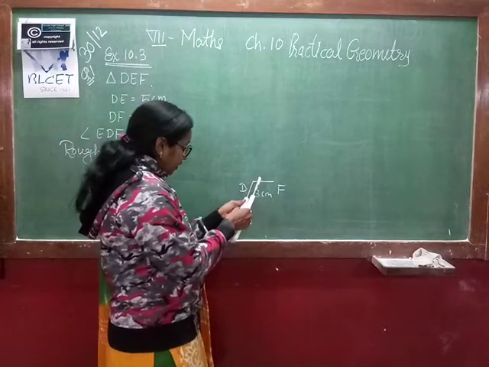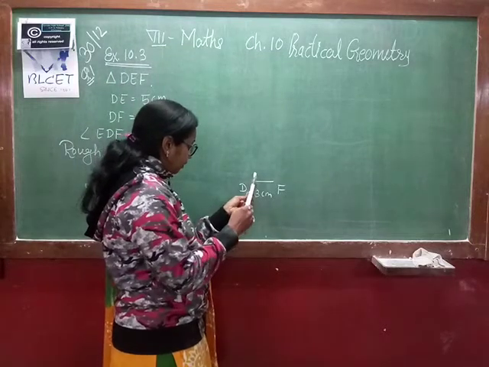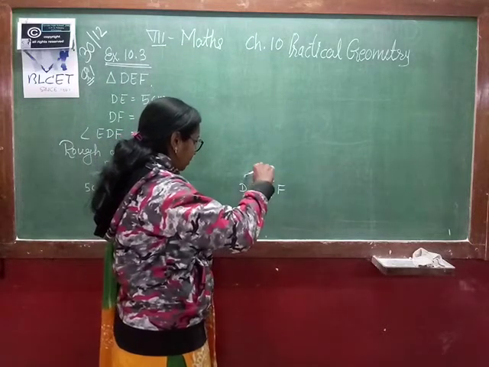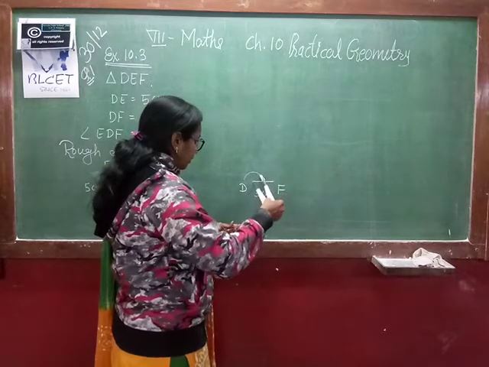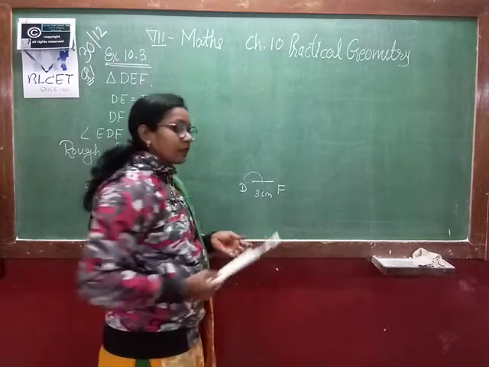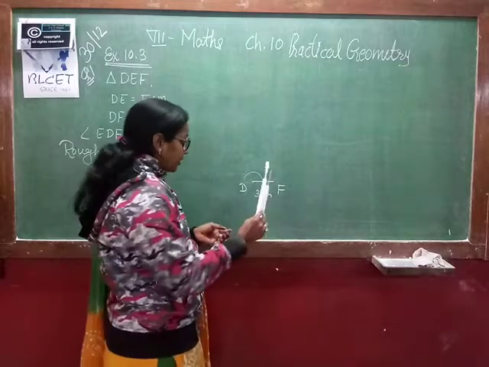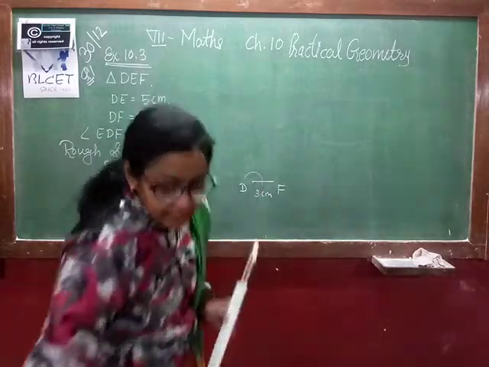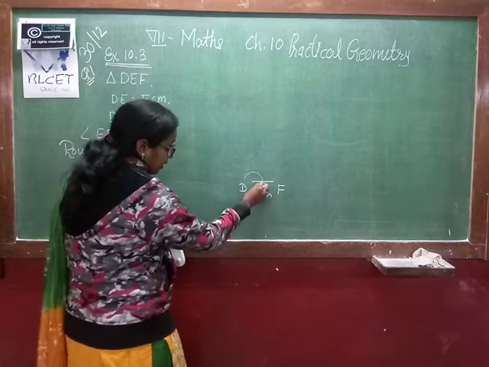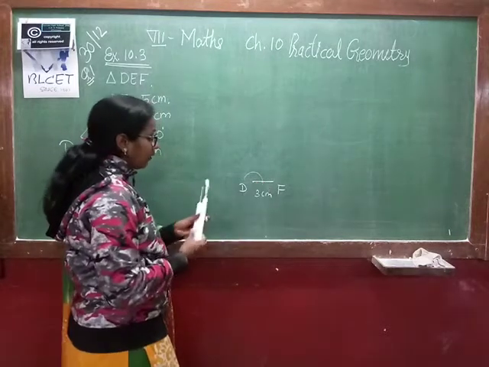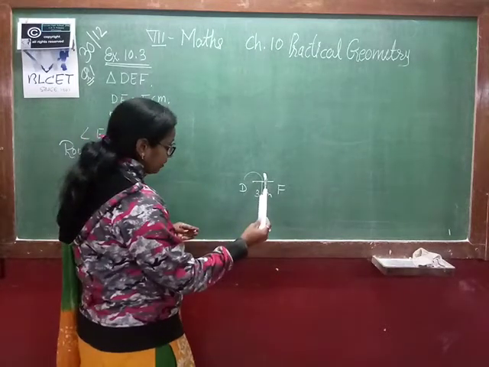From D you have to draw an arc. Don't change this radius. Whatever intersection point you are getting over here, from here you have to again draw an arc.